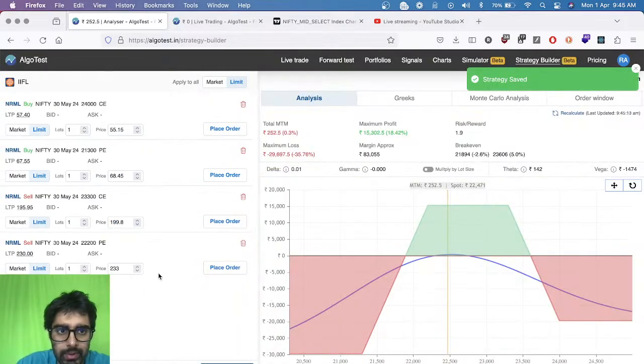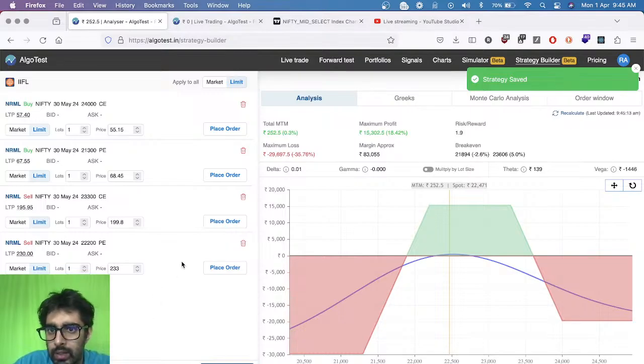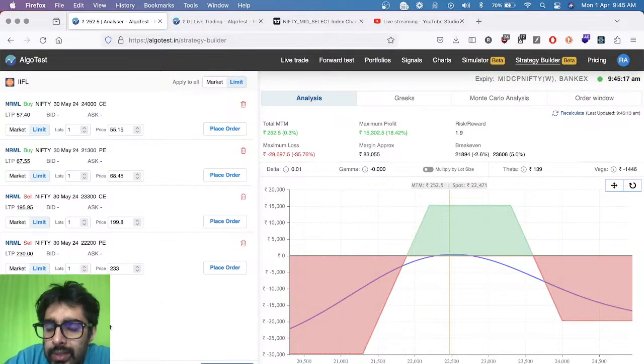Let's confirm this. And let's wait for the bids and the offers to pop up. This is going to be somewhat illiquid, so we just have to wait for the bids and the offers to come up.